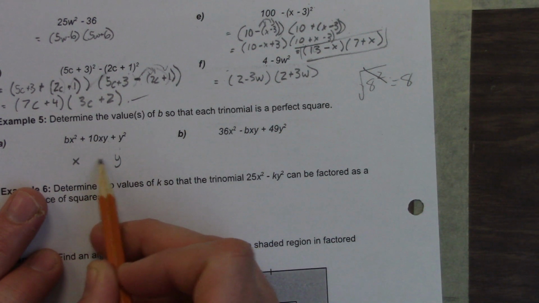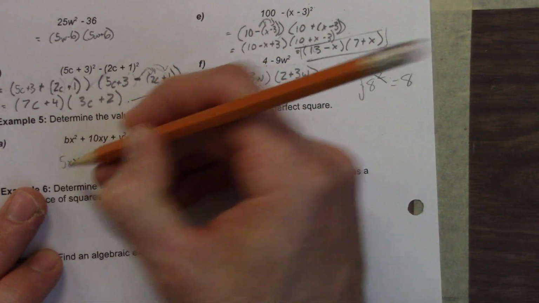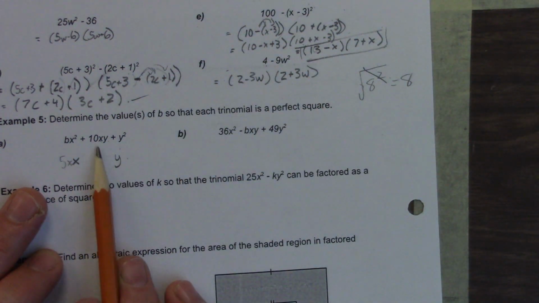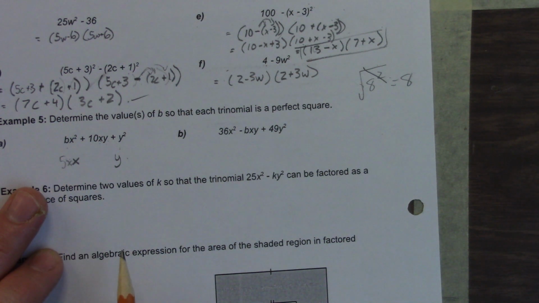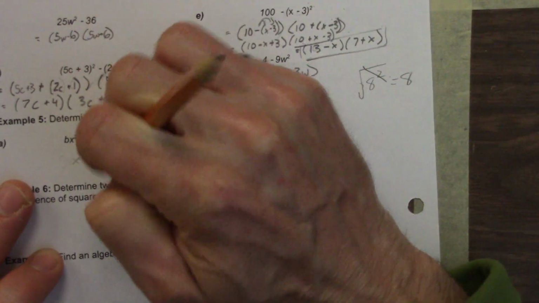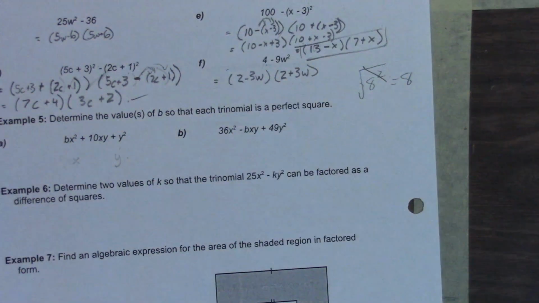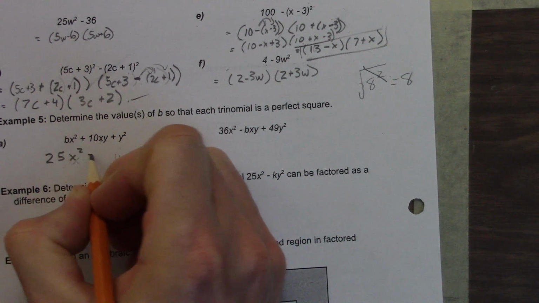So really we need this to be 5x, right? If we want to times it by 2 to get 10xy. Does that make sense? We want the b to be a 5, right? But it wouldn't be 5, it would be what? Ethan? Yeah, it would be 25, right? So b would have to be 25.